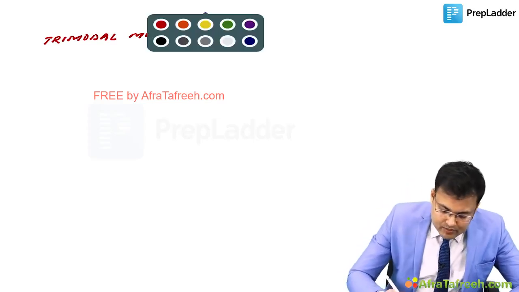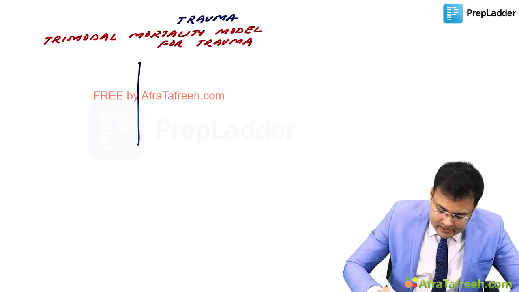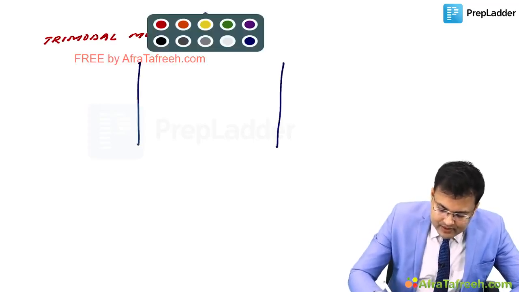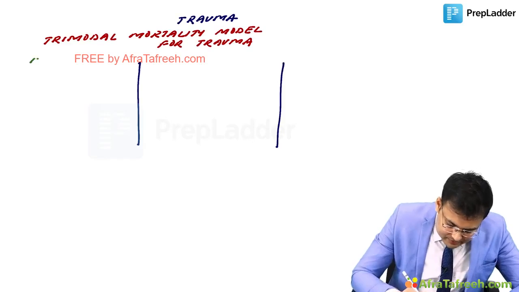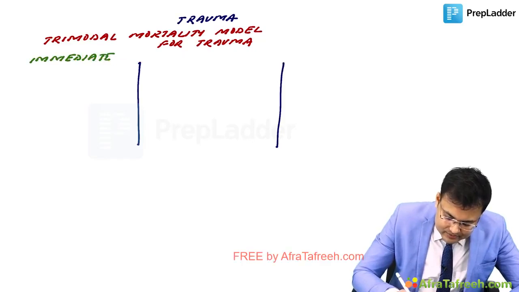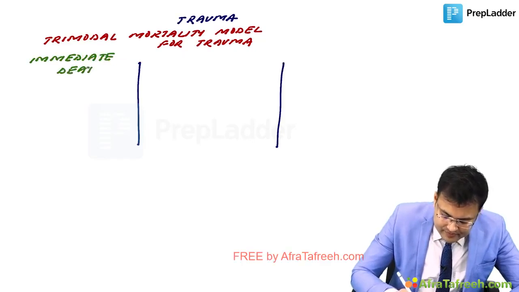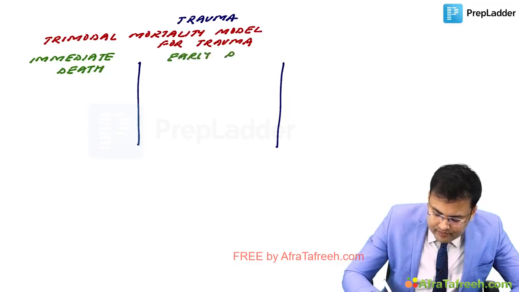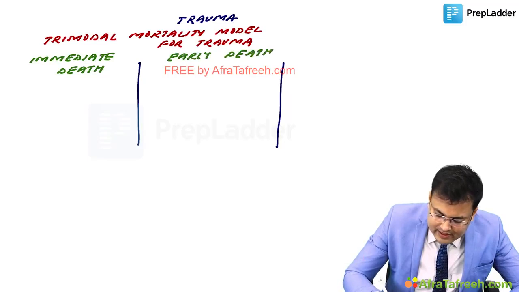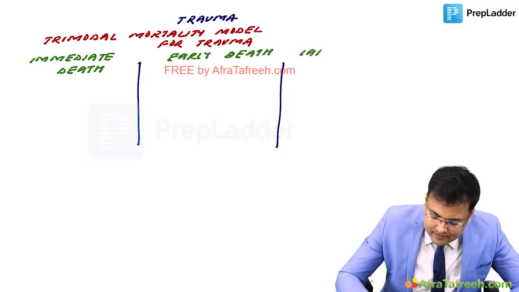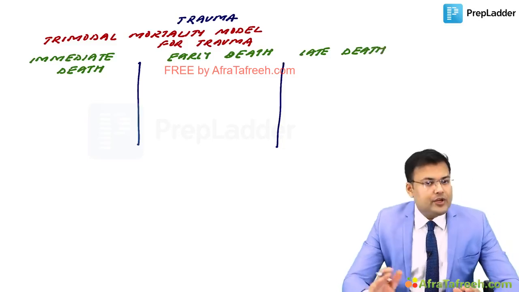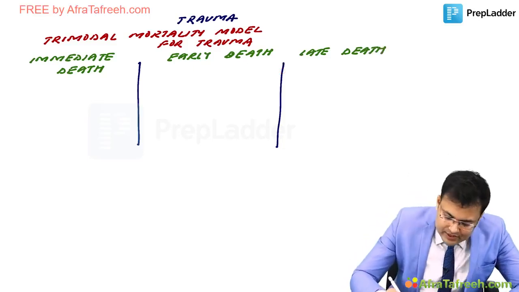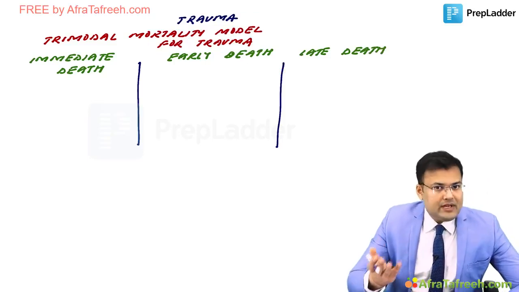Okay, so see the components here. We include immediate death and its causes, early death, and late death. Clear? So immediate death occurs within minutes after injury.